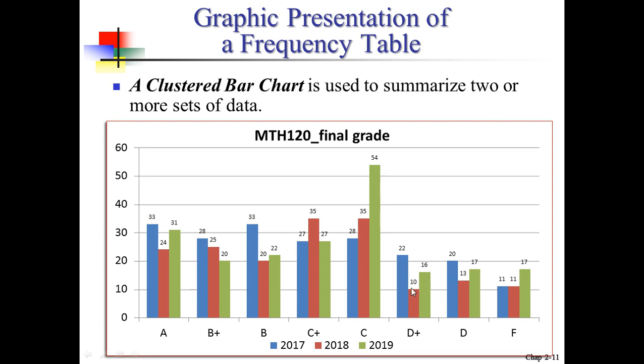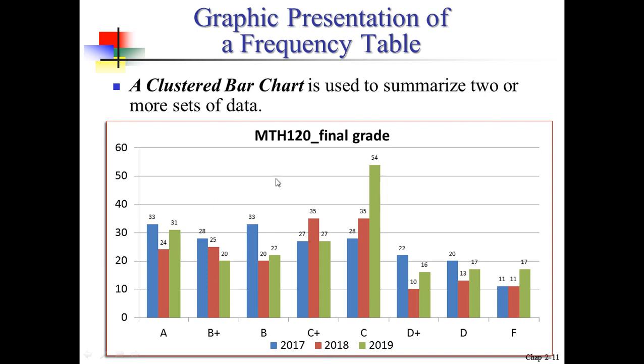But one number among 10 is different, much different. So I can see that this is red, which year? 2018, from group D. So 2018 grade D, fewer students got it.